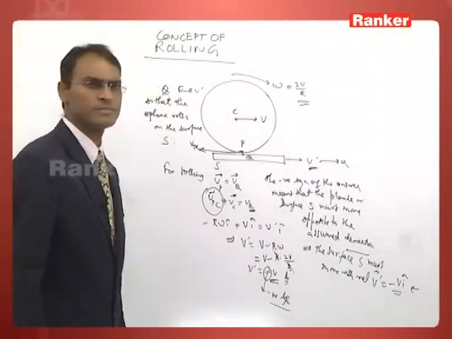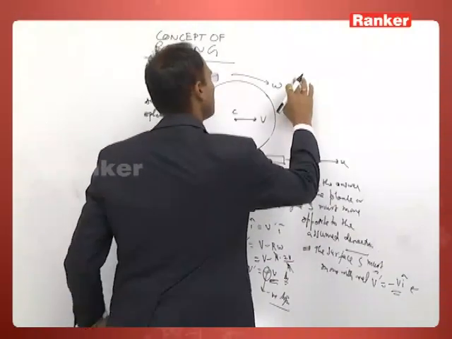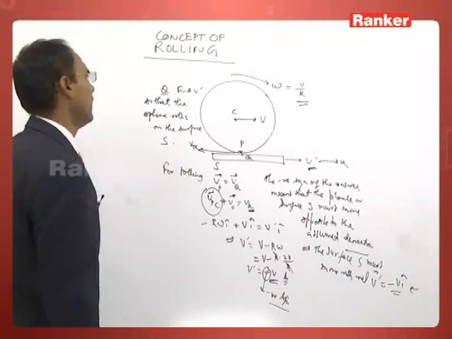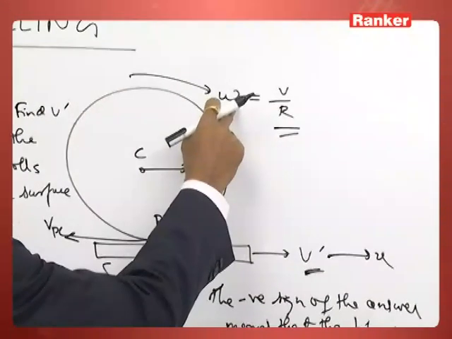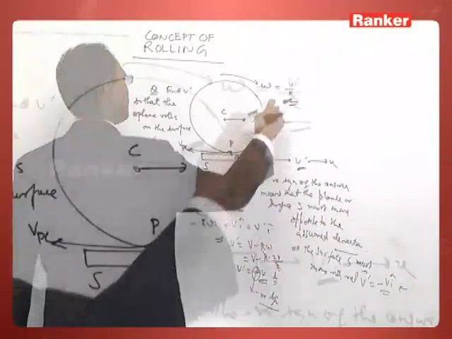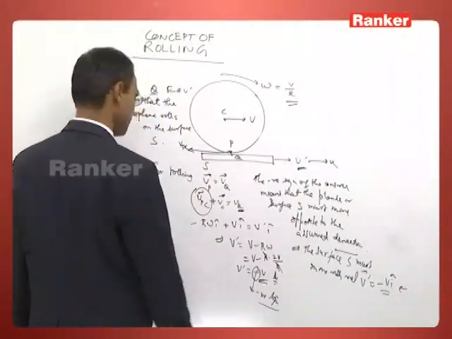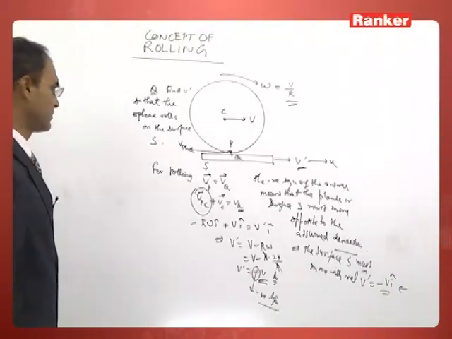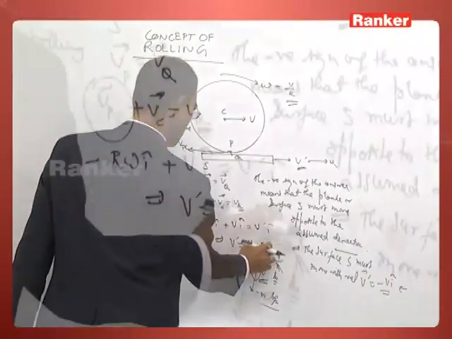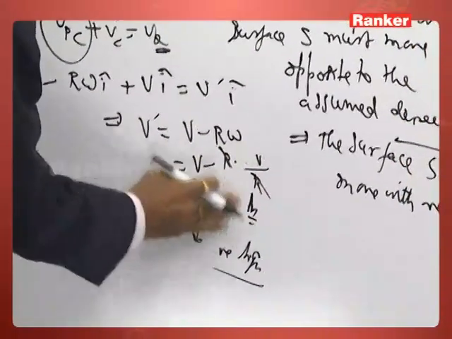This is the answer. And if, instead of omega is equal to V by R, we write 2V by R, then this will be exactly equal to 0.